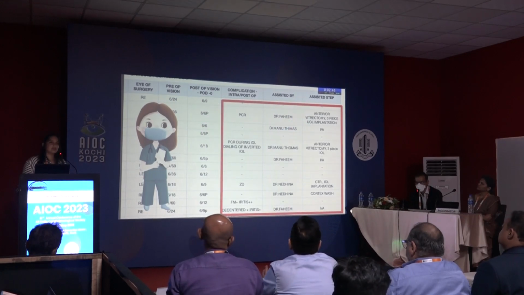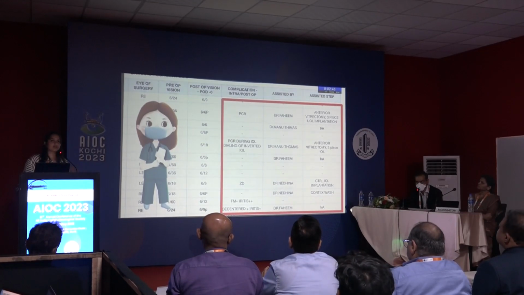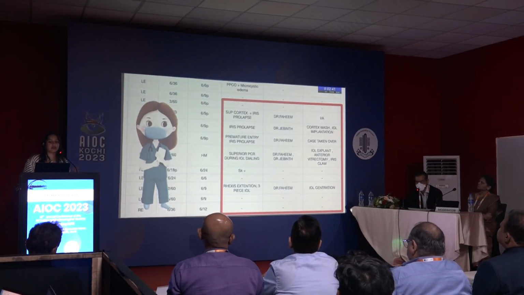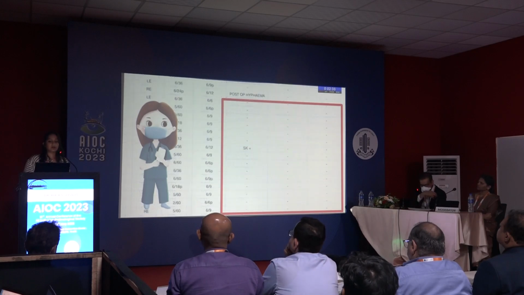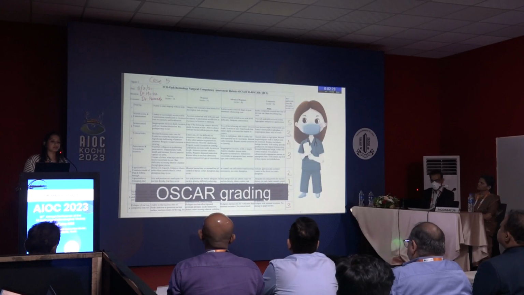Initially, I was having a lot of complications, and slowly, when I started using the logbook, I realized that I was actually improving because I could review what was happening and what was a step that I really needed to work on. Later, my complication rates reduced, and it really helped me grow in my surgeries.